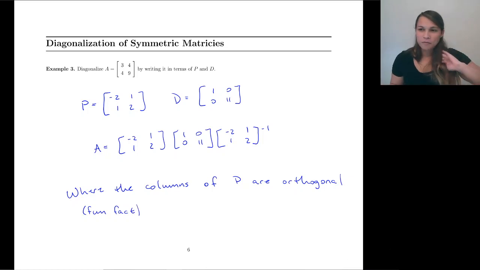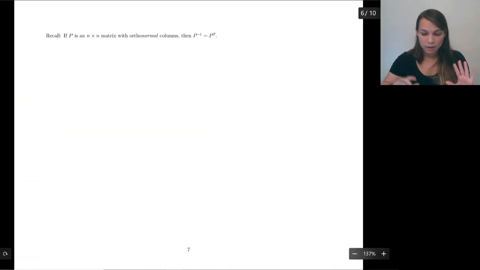In fact, that's so fun. We're going to keep talking about it. Remember, it doesn't matter how you scale your eigenvectors. I chose to not have fractions and to try and keep things as simple as possible. That is not the only choice.